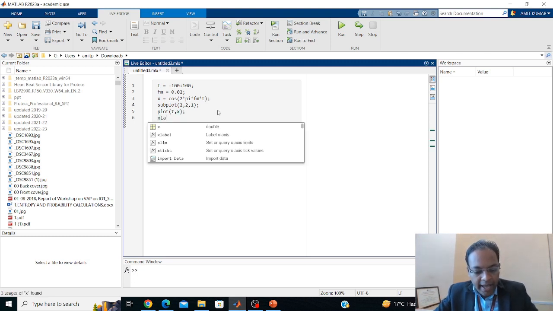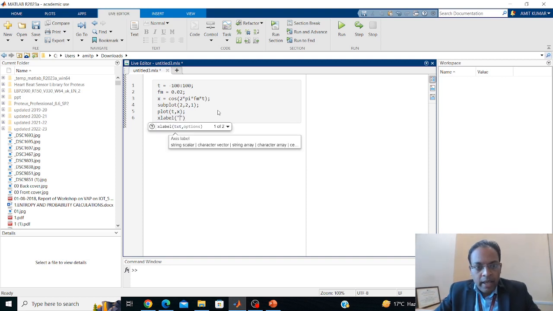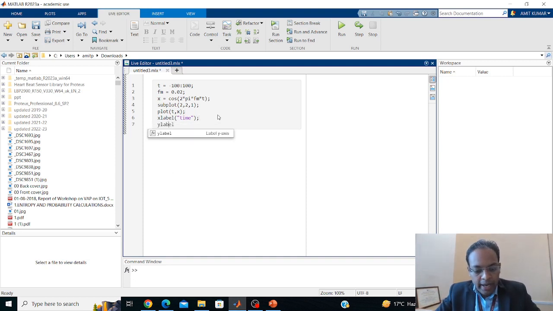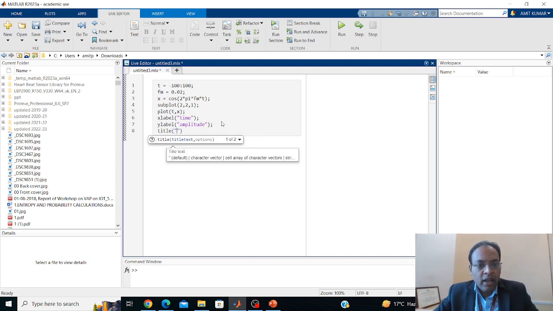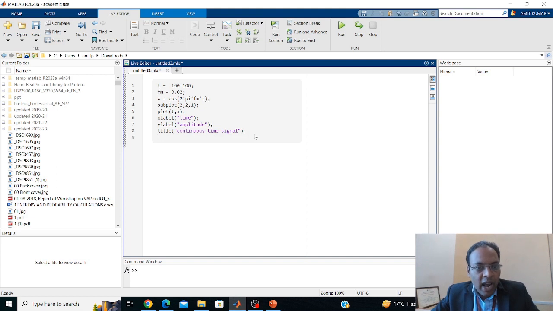So we write xlabel, and in xlabel the horizontal axis is time, and then for the y axis, ylabel is the amplitude, and after this we give the title. The title of this is continuous time signal.